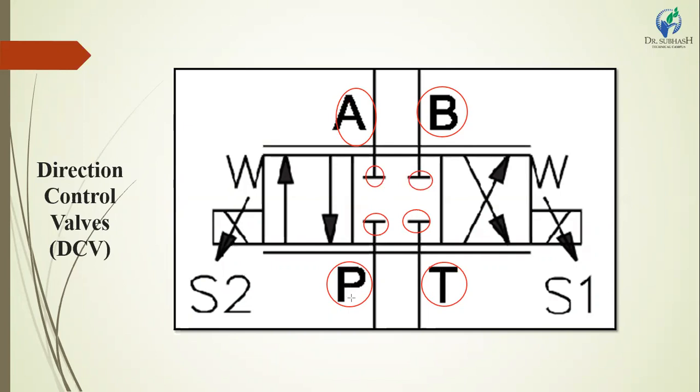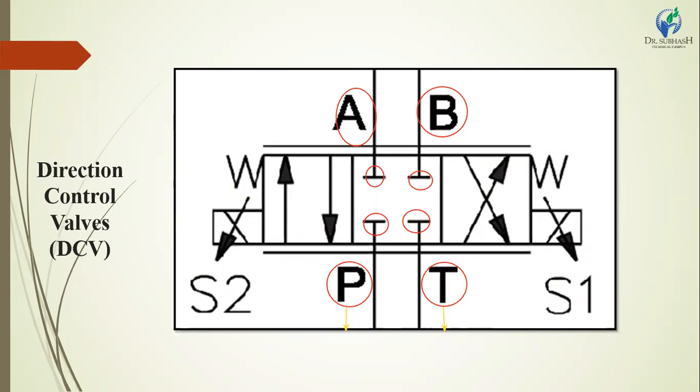P means this port is directly connected to a pump. And T means tank; this port is directly connected to a tank.